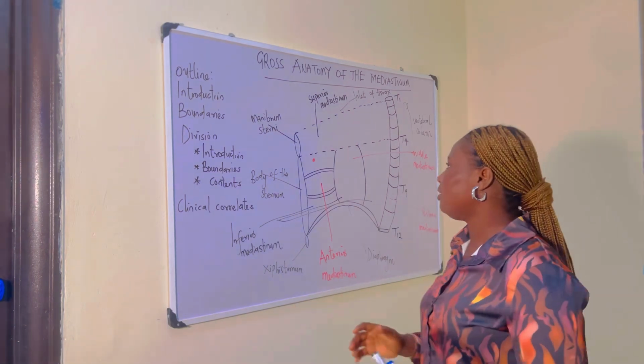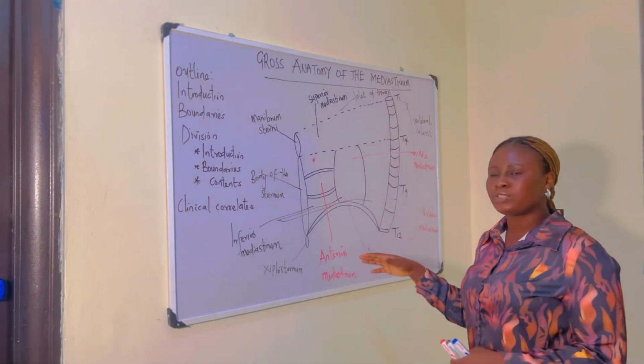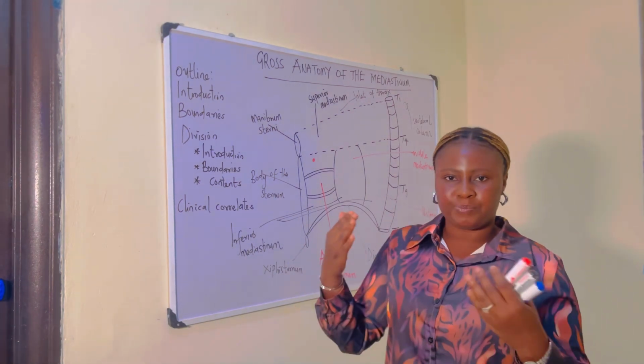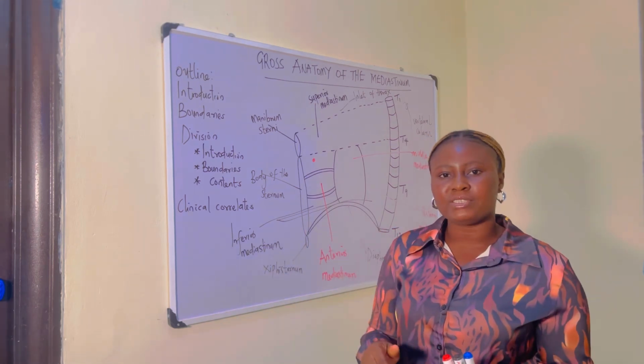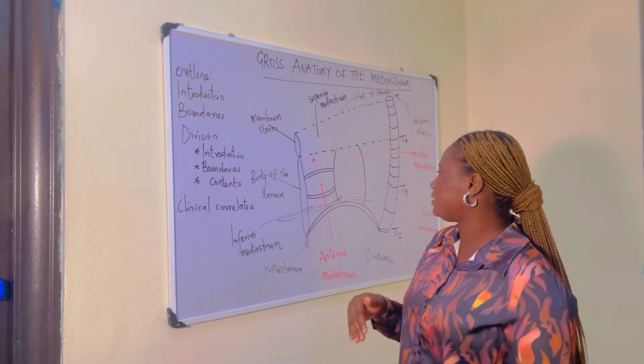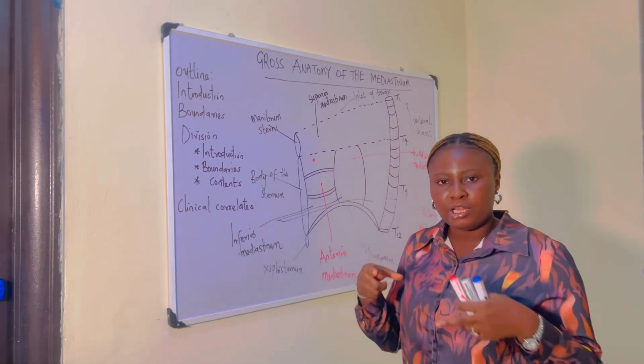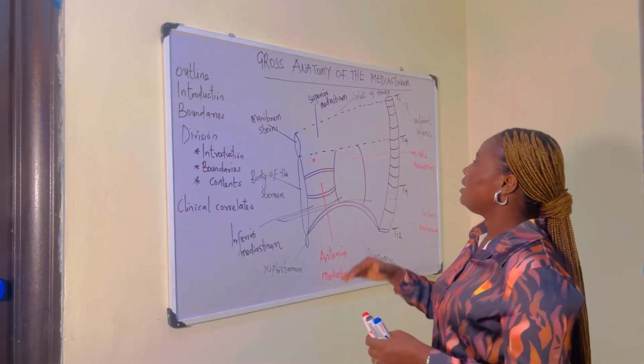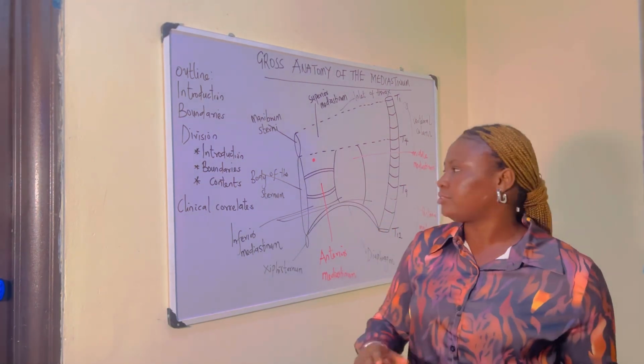So let's take it all over again. The mediastinum is the median septum of the thorax between two lungs. Its major content is the heart, which is present in the middle mediastinum and enclosed by a pericardium. The mediastinum has boundaries.